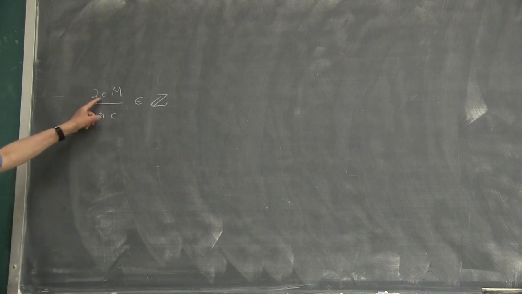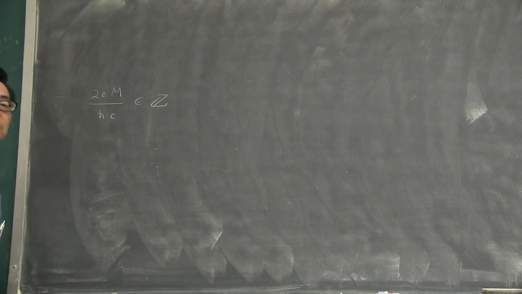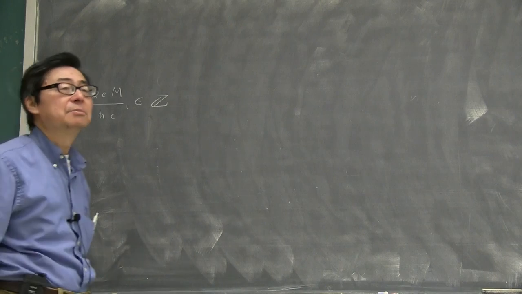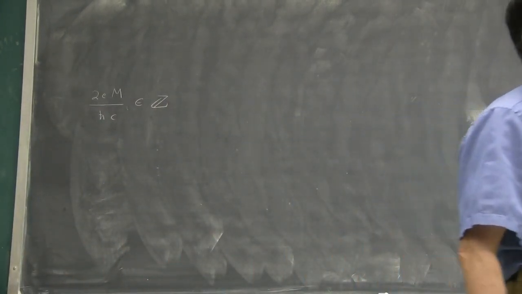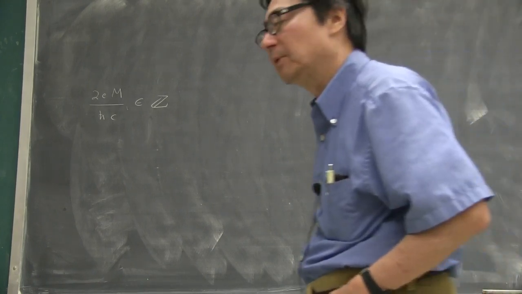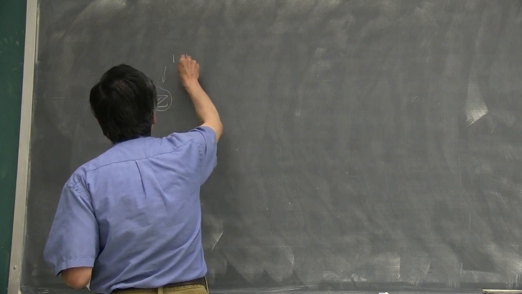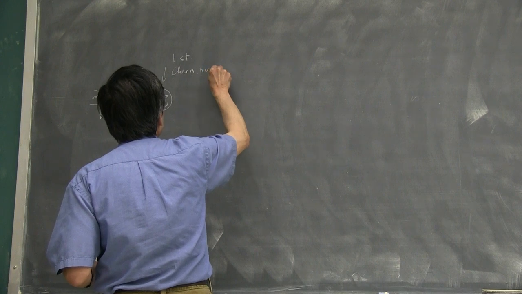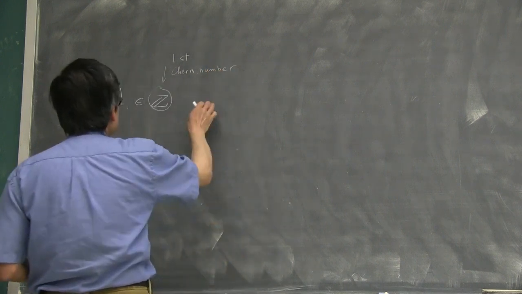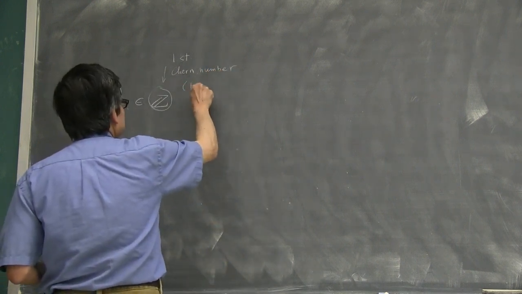Here m is the magnetic charge, e is the electron charge, and the other 2, h bar and c, are of course fundamental constants. The importance lies in the emergence of an integer in this case. I mentioned already that in mathematics this is called the first Chern number, and in physics, it's called a topological quantum number.